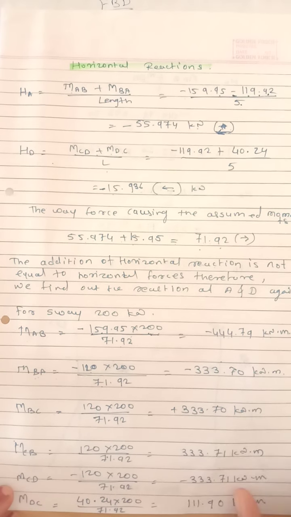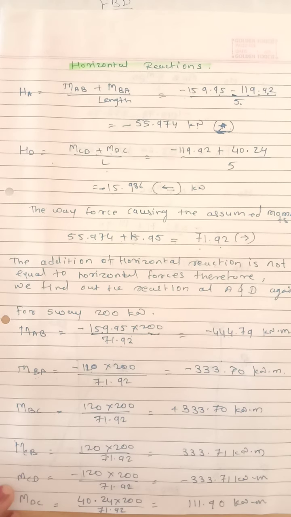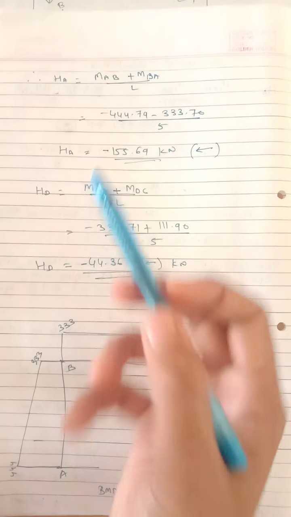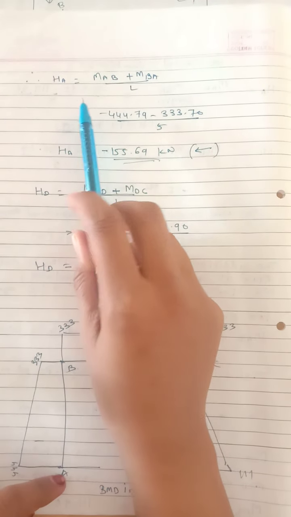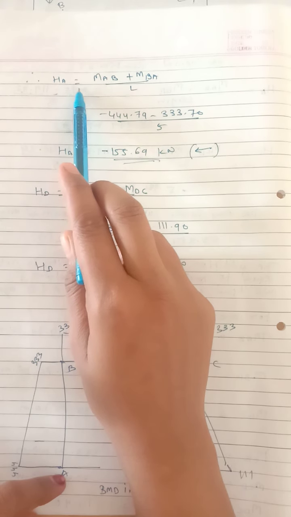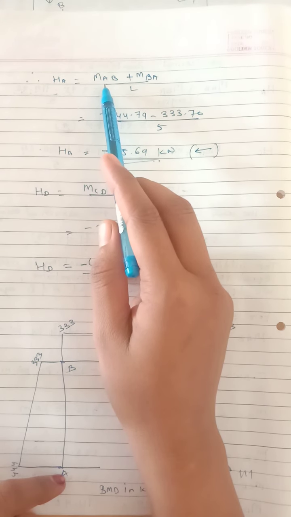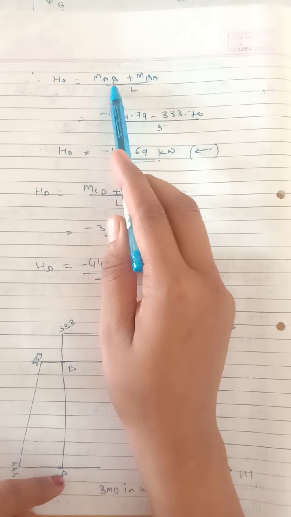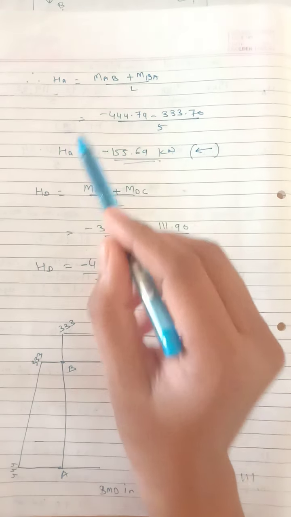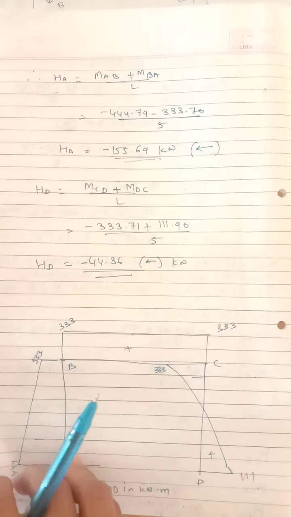So here, in the next step, again we will solve the horizontal reactions. The horizontal reaction at member A is equal to, the formula is, moment at member AB plus moment at member BA divided by length. In the previous step we already found the moments at the different members.